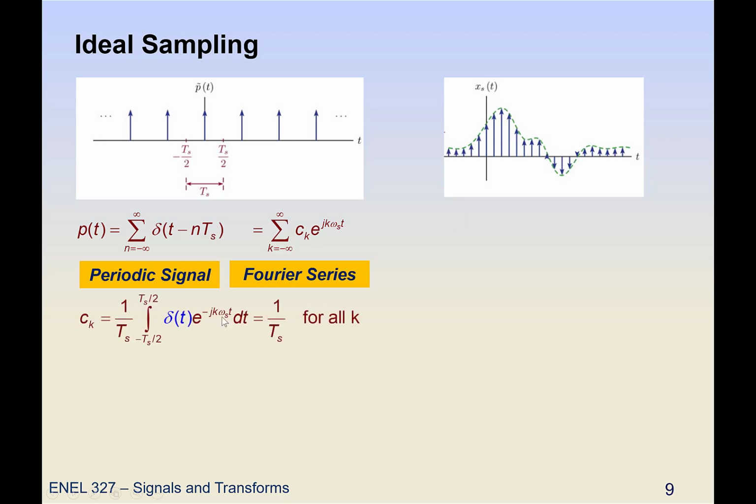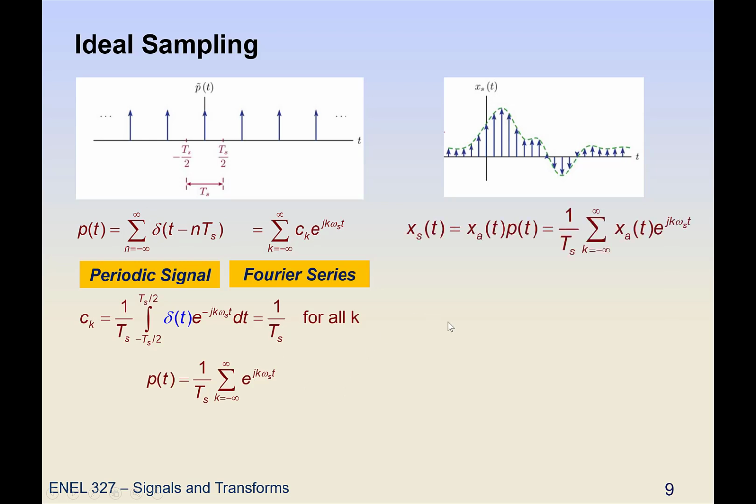If you go to the definition of a Fourier series and find those coefficients, they just turn out to be a constant, 1 over Ts, for all k. That means we can express our impulse train as a Fourier series rather than as a bunch of impulses.